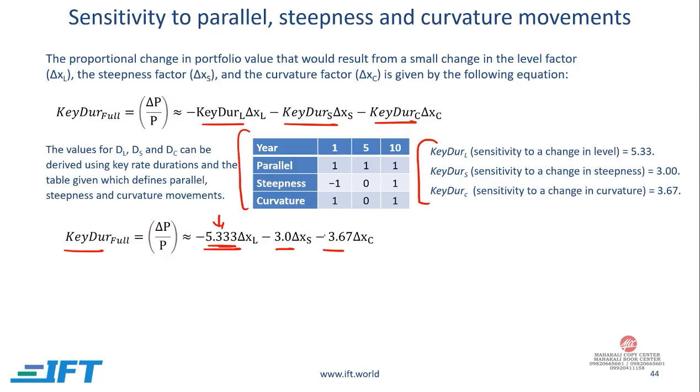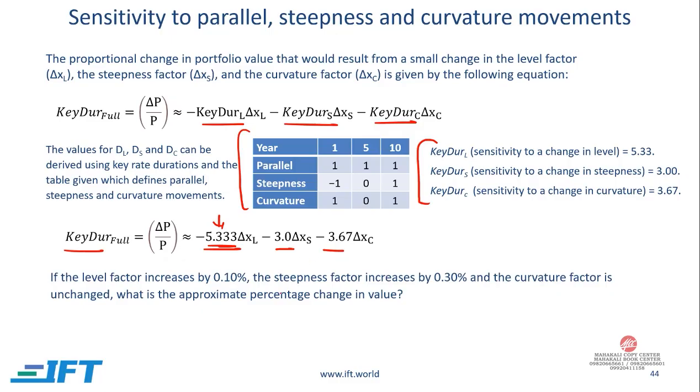With this formula, it's now easy to estimate the change in value of a portfolio if we are given the factor changes. If we are told that the level factor increases by 0.1%, the steepness factor increases by 0.3%, and the curvature factor is unchanged, what is the change in value?